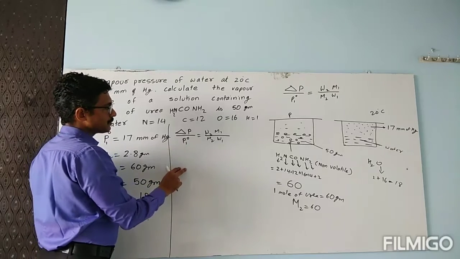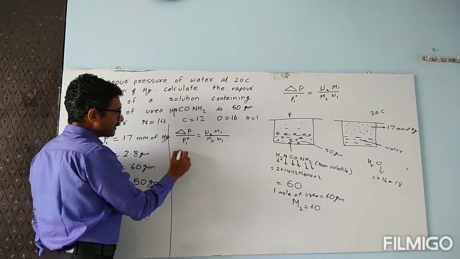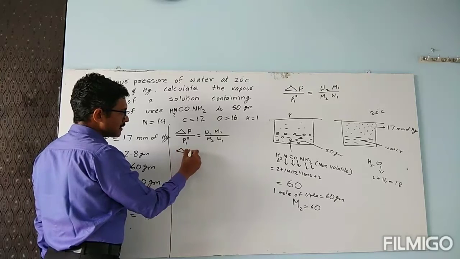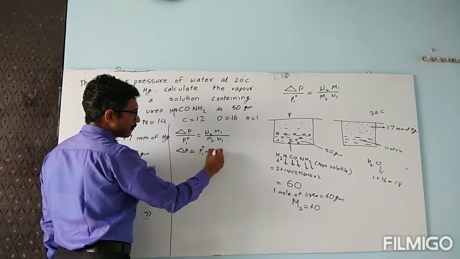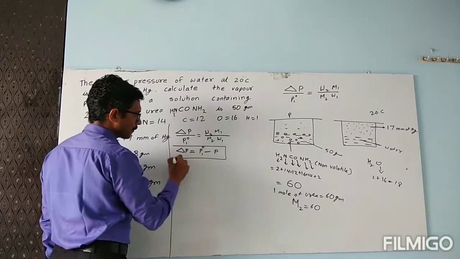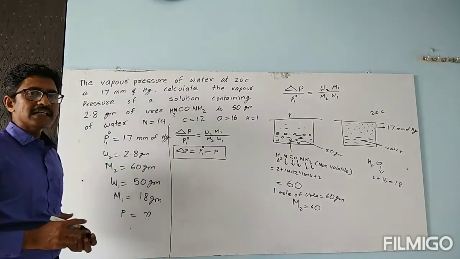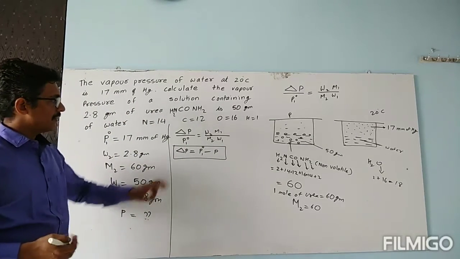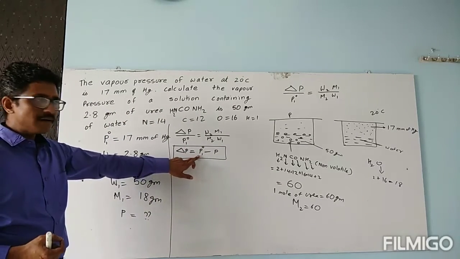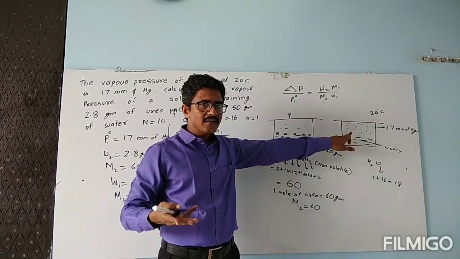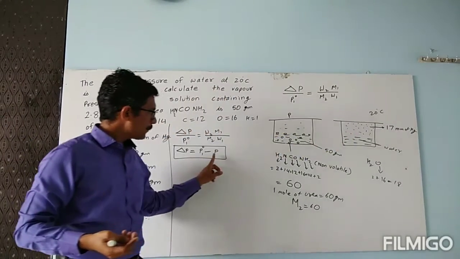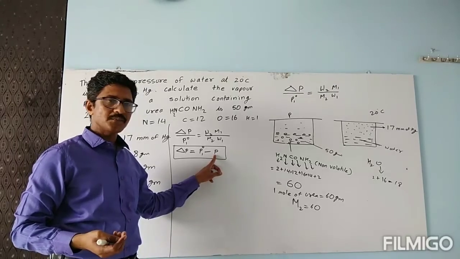Now children, delta P is actually P1 standard minus P. Delta P is what? P1 standard, the vapor pressure of the pure solvent, which is always higher, minus the vapor pressure of the solution.